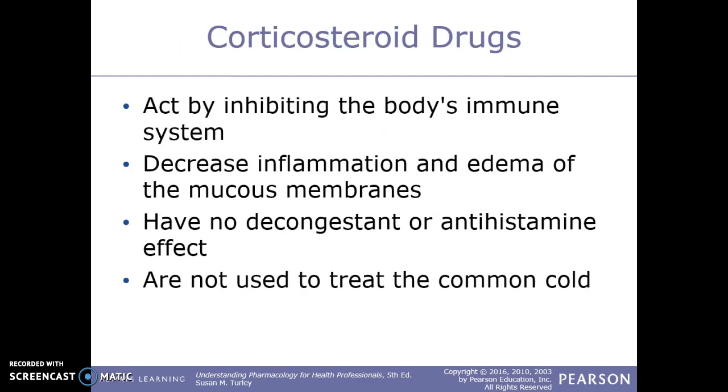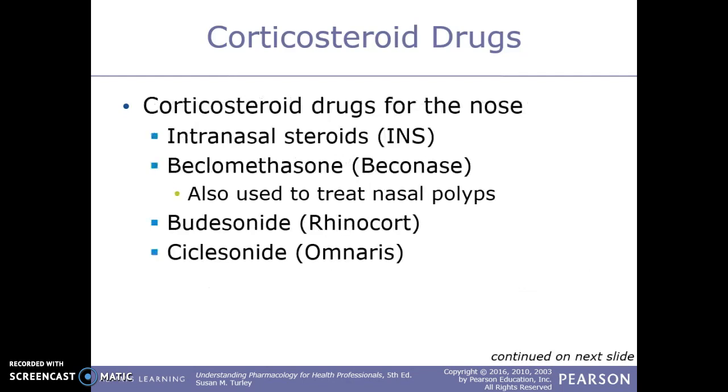They're not a decongestant or antihistamine, so they don't have any of those properties. So they're not typically used for a cold or something like that. You might see them used more for nasal polyps, as they mention here, and other things like allergies.